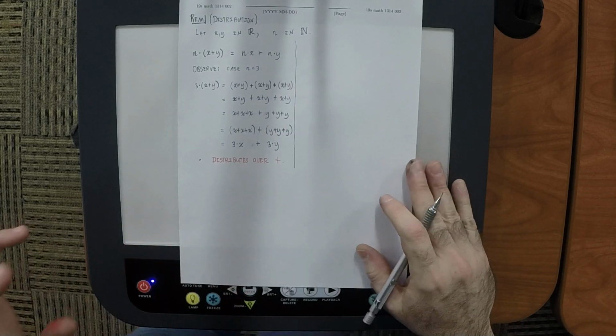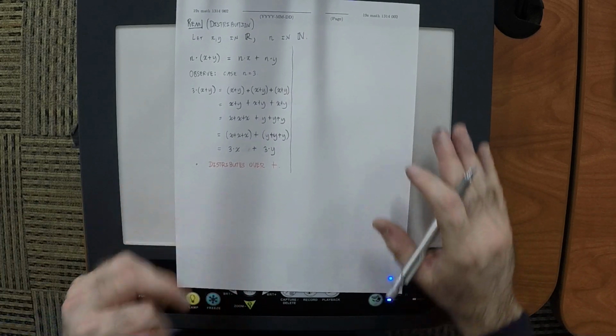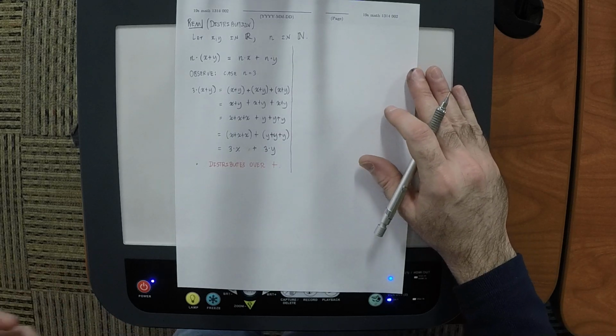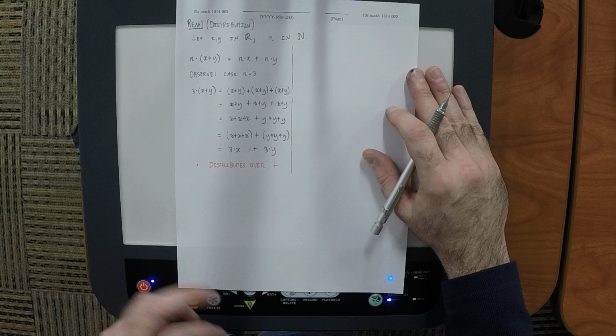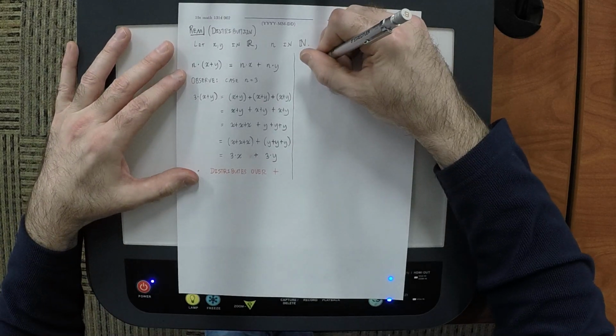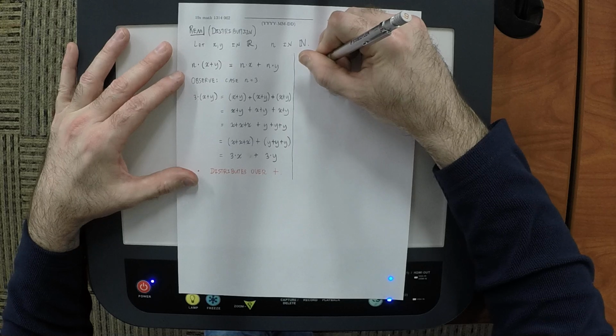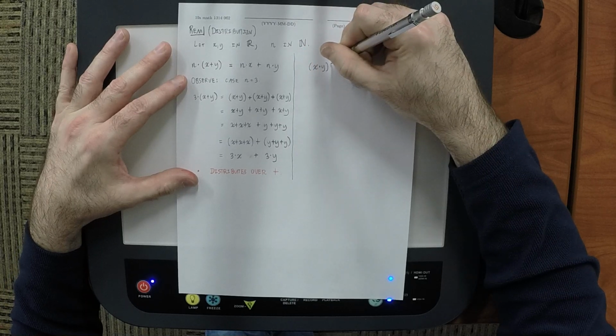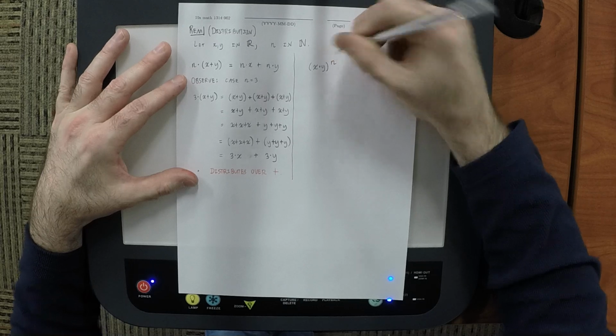But instead of using the operations add and multiply, we're going to use the operations multiply and exponent. All right? So now what we're considering is x multiply y and then exponent n. Like this.